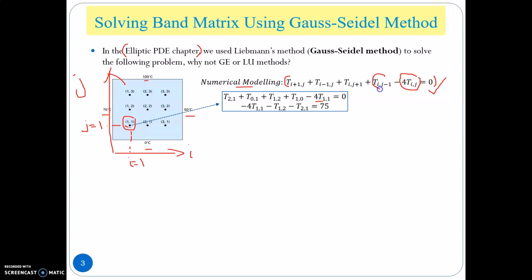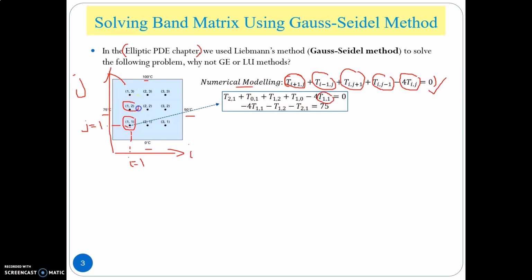For this element, you have 1, 0. This element, 1, 2. Then for this element, you have 0, 1 and 2, 1. So we can substitute the information for these temperatures.